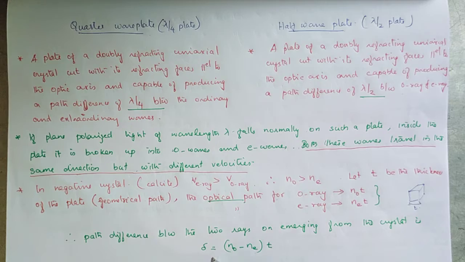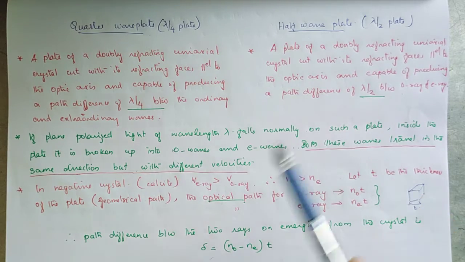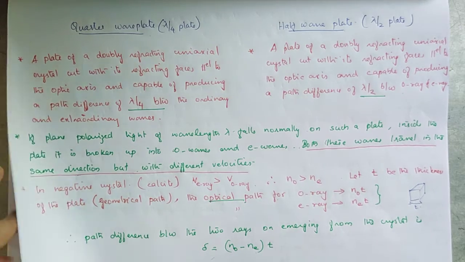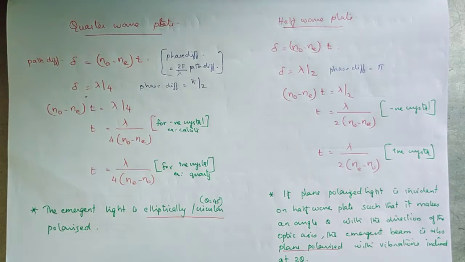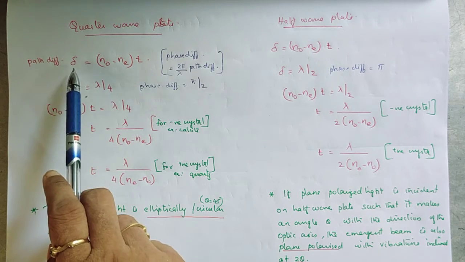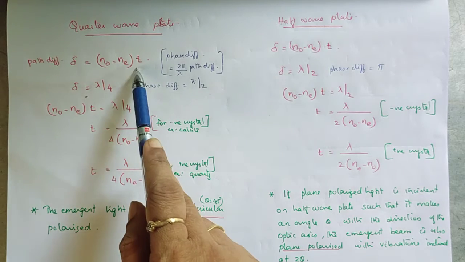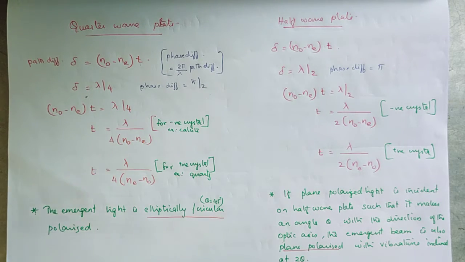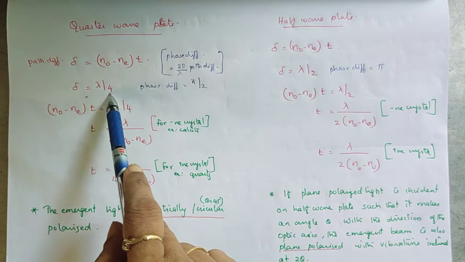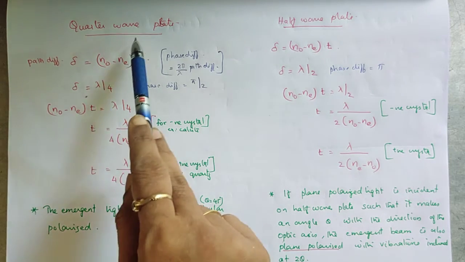And when this path difference is equal to lambda by 2, we will get a half wave plate. The path difference (n_o minus n_e) into t is the optical path difference, and t is the geometrical path. When this path difference is equal to lambda by 4, we will get a quarter wave plate.